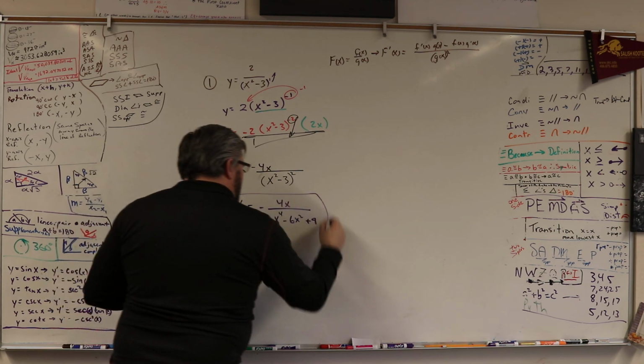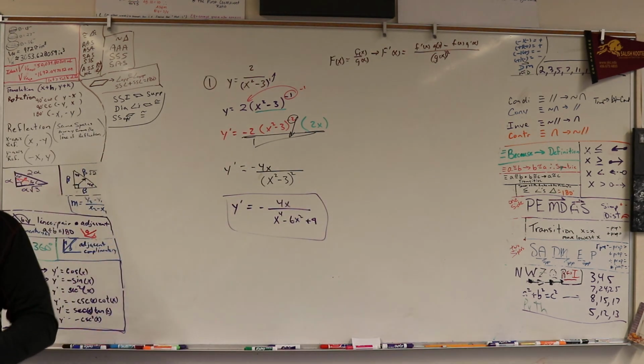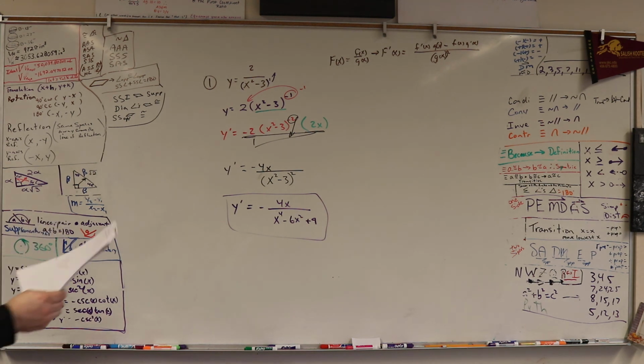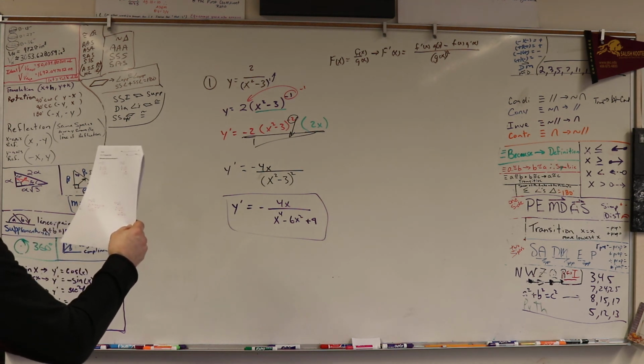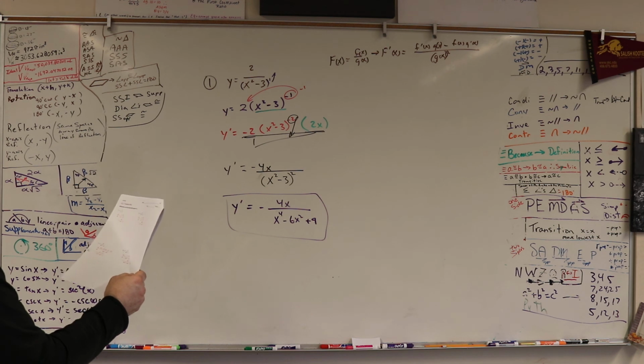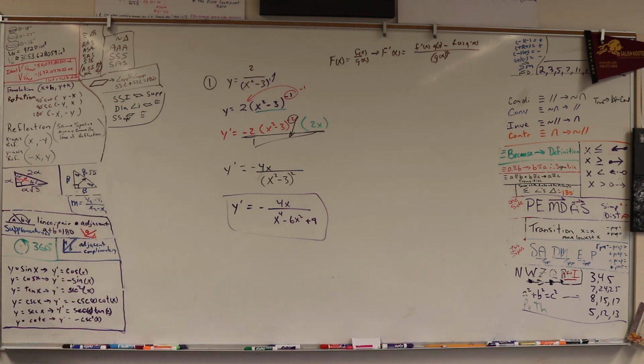So this should look more like what they have. Is that true? X to the 4th minus 6x squared plus 9. There you go. It's exact.